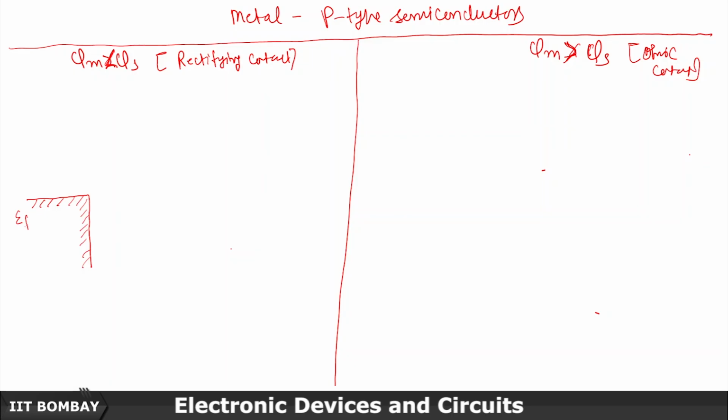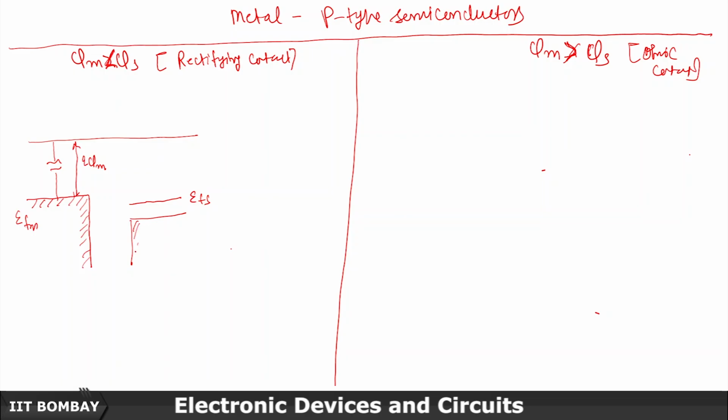This is EFM. Here phi m is smaller than phi s. This is the vacuum level. So this is Q phi m, and since phi s is larger, let's say this is E F s. This is a p-type semiconductor. Please keep in mind the other cases were n-type semiconductors.